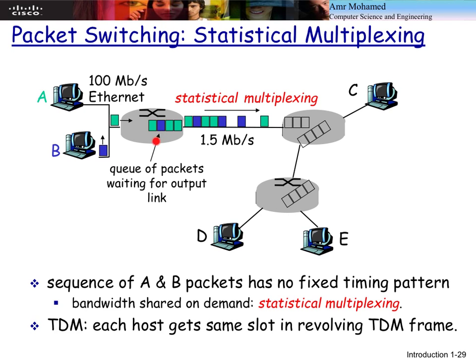Because in circuit switching, these 3 packets will have to wait for 3 different frames. B will use one of these 3 frames and the other 2 frames will be wasted, because I have to be fair to all the users. I give the same amount of resources to each user. But here, all the packets are multiplexed together and sent over the same line.